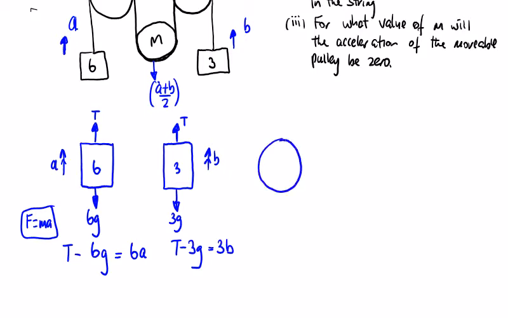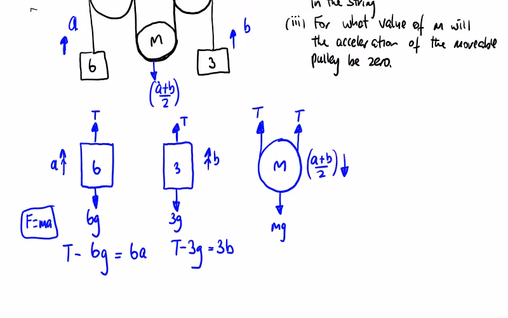Now my M. So I have 2 T's going up. I have mg coming down. I have (A plus B) over 2 also going down.